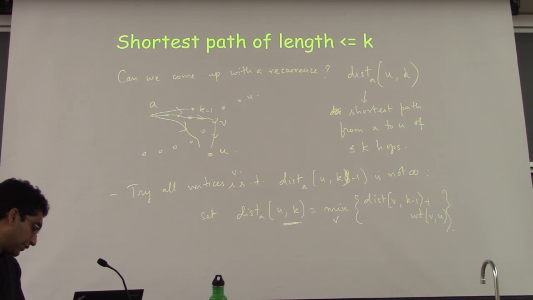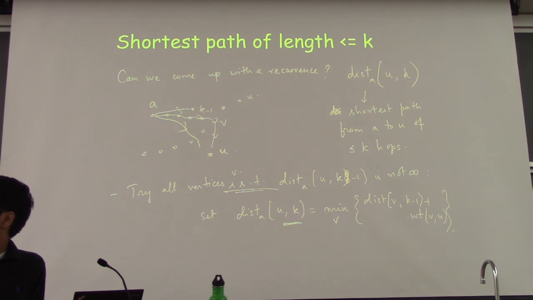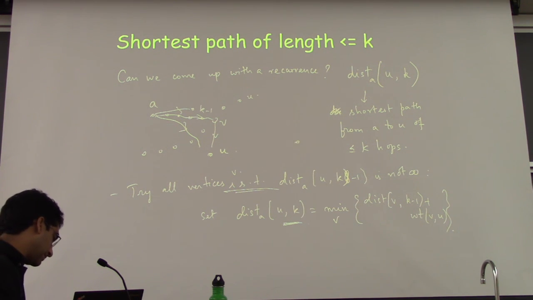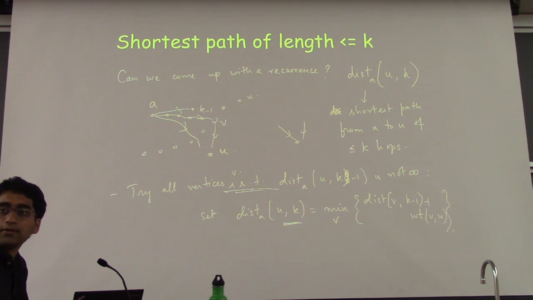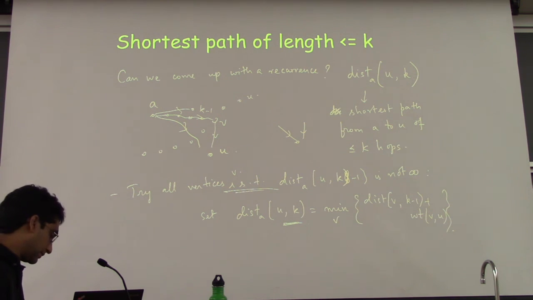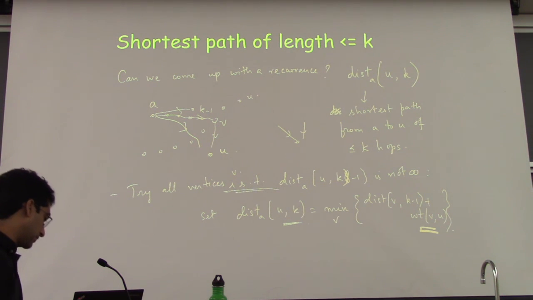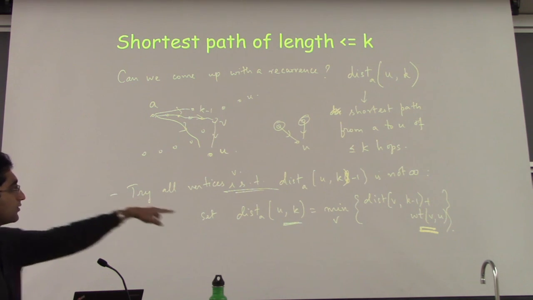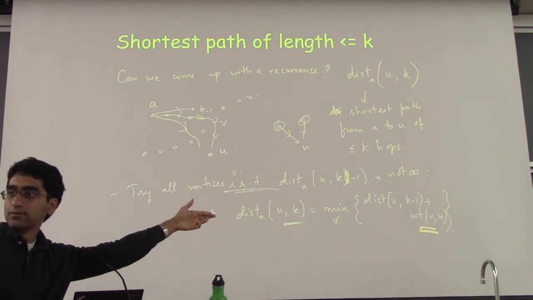Do you really have to go through all vertices v? I mean, suppose you had just an in degree of 2. Then you know that there is no direct edge from anybody other than these two vertices to u. Right? So this weight would be not defined. Okay?